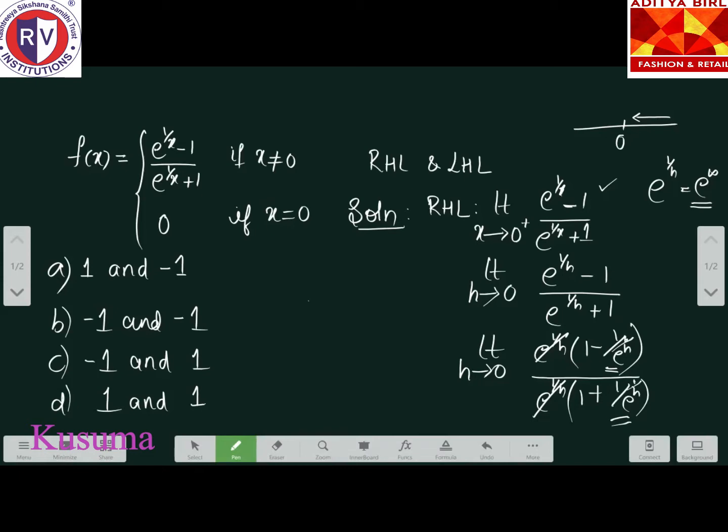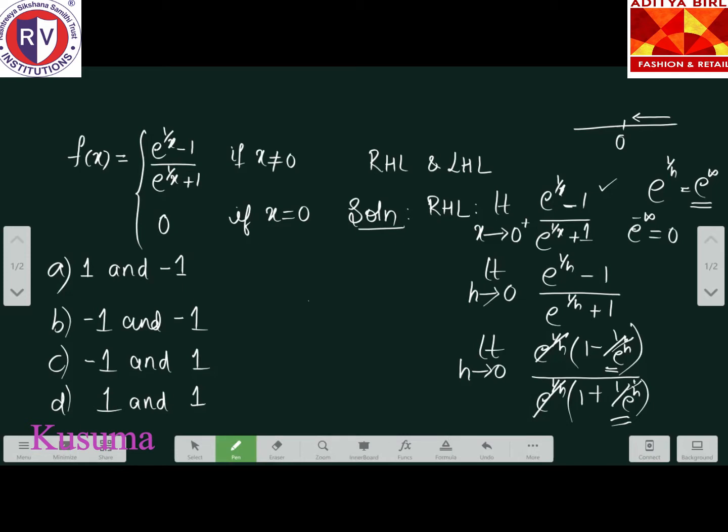So directly we cannot substitute h is equal to 0 in e to the power of 1 by h.